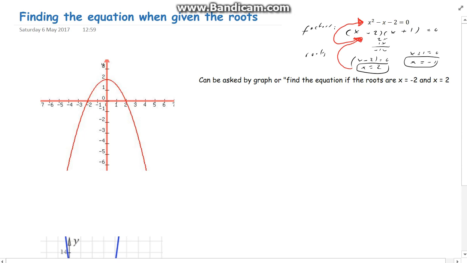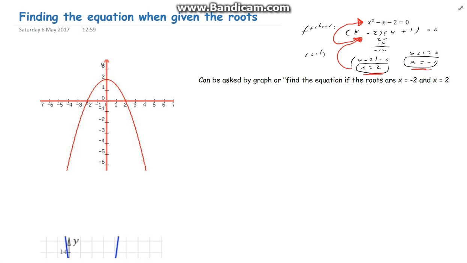So for example, if they had told us the roots of an equation were x equals 2 and x equals minus 1, like over here, we know that if we work backwards, the equation will be x squared minus x minus 2 equals 0. So that's just showing you what we're doing and then how we do it.